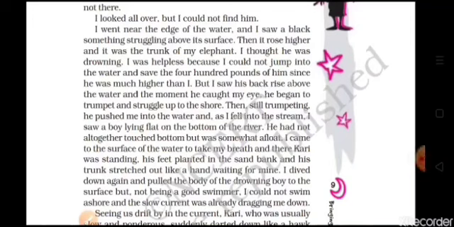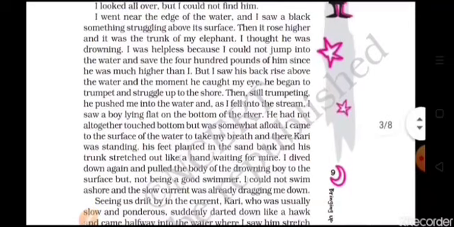I thought he was drowning. I was helpless because I could not jump into the water and save the 400 pounds of him, since he was much higher than I. But I saw his back rise above the water, and the moment he caught my eye, he began to trumpet and struggle up to shore.